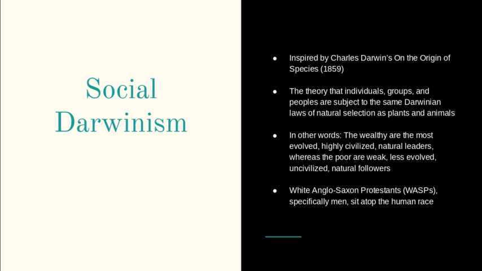Individuals, groups, people, whoever, everything, but specifically applied to people, are all subject to Darwin's view of natural selection, adaptation, and evolution.